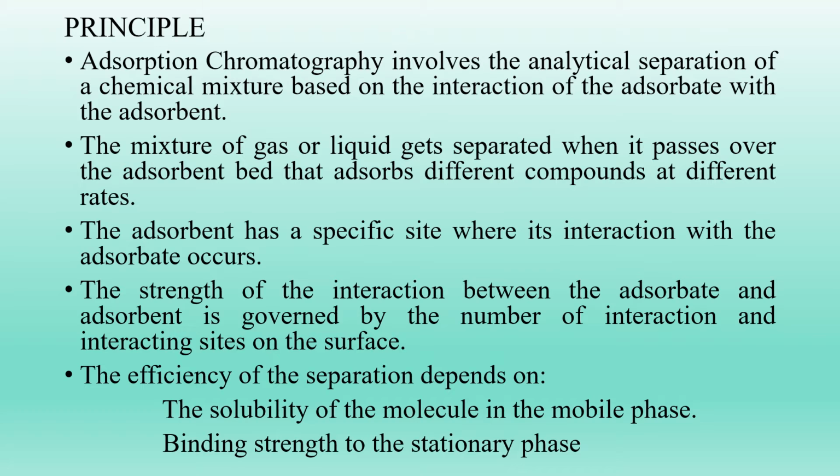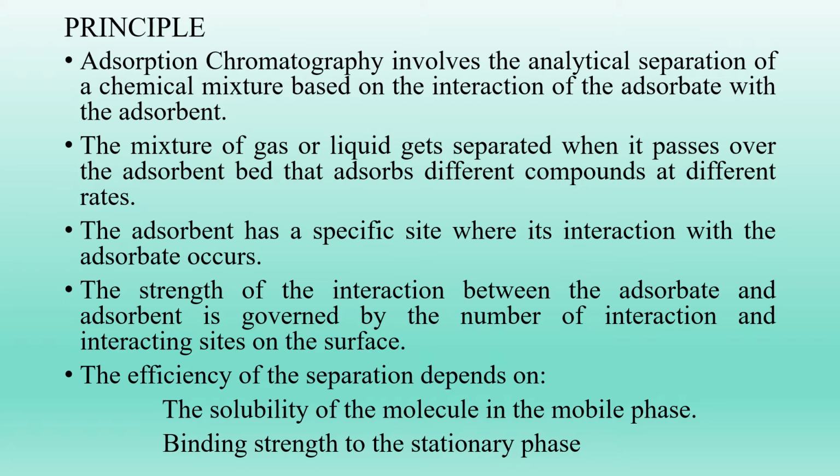Coming to the principle of this method, adsorption chromatography involves the analytical separation of a chemical mixture based on the interaction of the adsorbate with the adsorbent. The mixture of gas or liquid gets separated when it passes over the adsorbent bed that adsorbs the different components at a different rate.